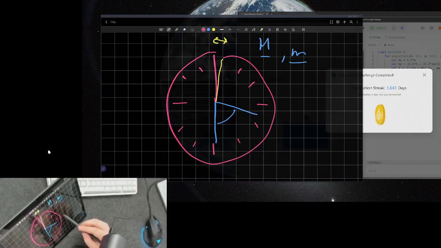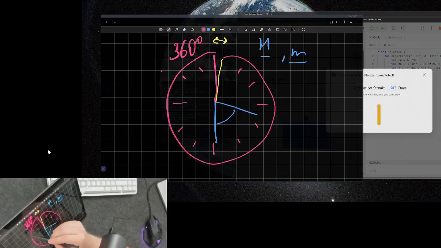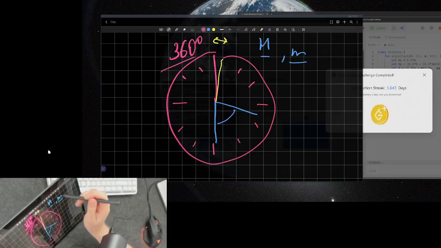So how can we go from the minutes to the angles? And we have to know that the total circle is 360 degrees, the entire circle, and that we have 60 minutes in an hour. So this is knowledge you are required to know.